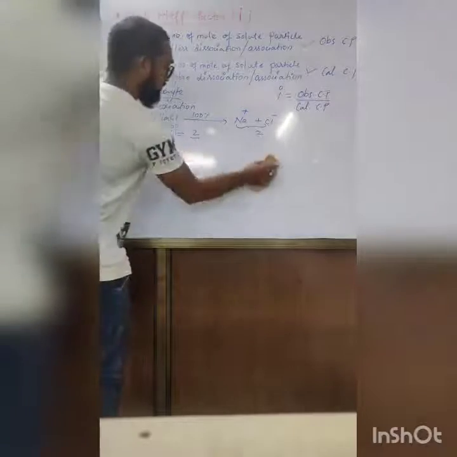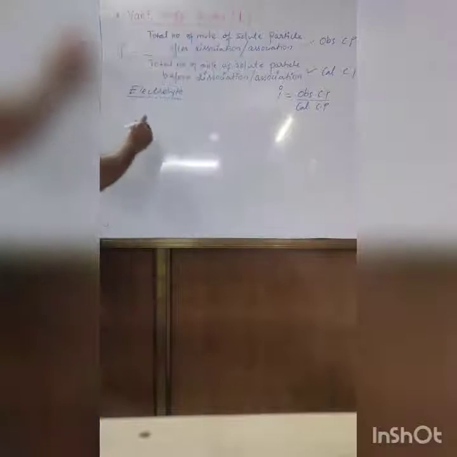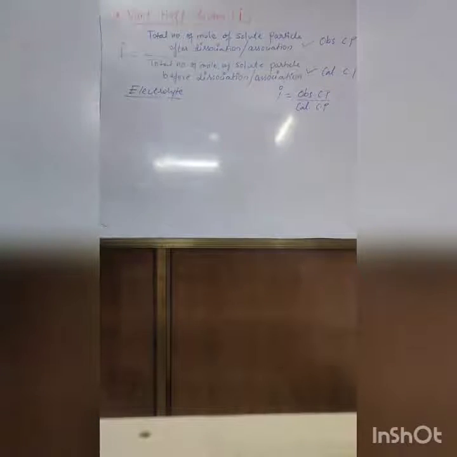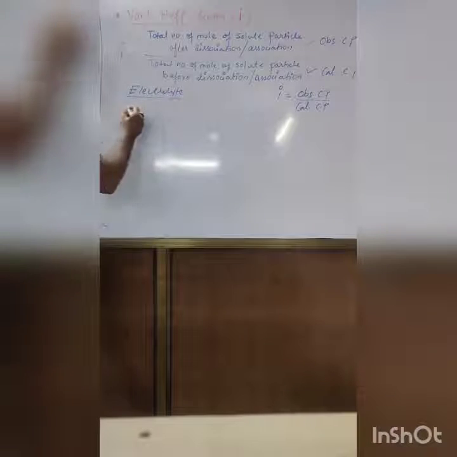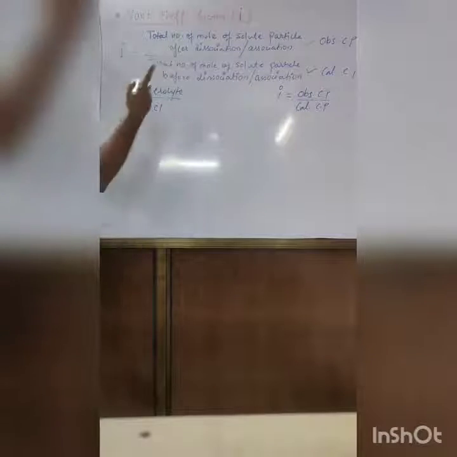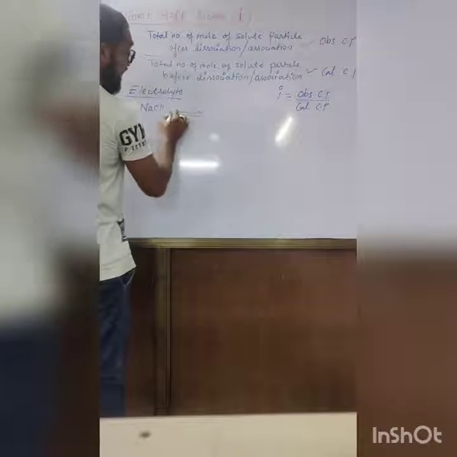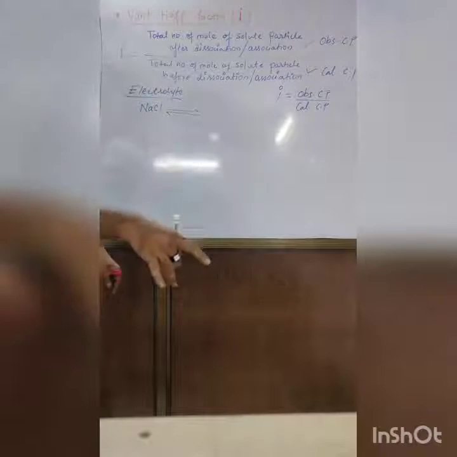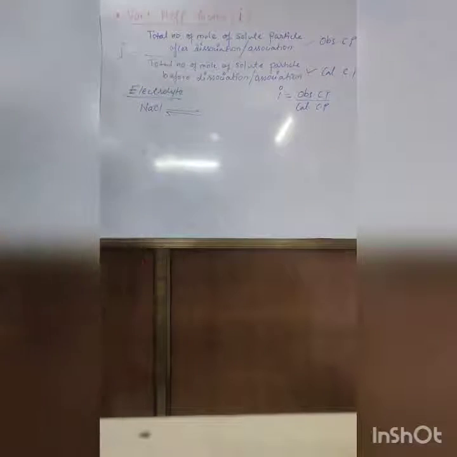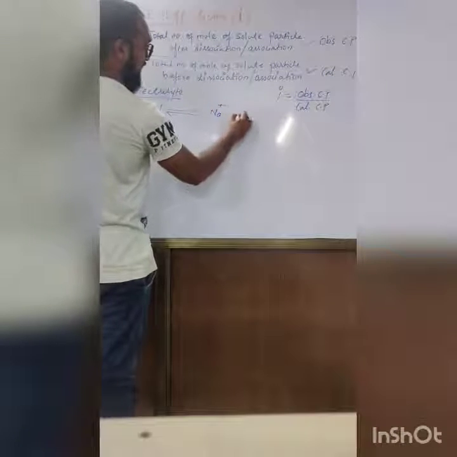Now one more example we take, for a weak electrolyte. Suppose I have taken NaCl. This NaCl undergoes dissociation but not 100%. Not 100% means some of the NaCl molecules will remain in undissociated form. Suppose this NaCl will break into Na+ and Cl-.